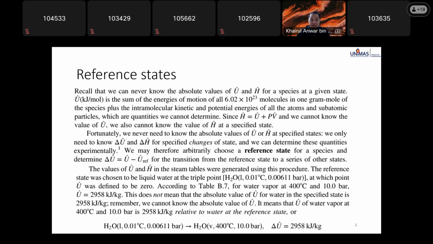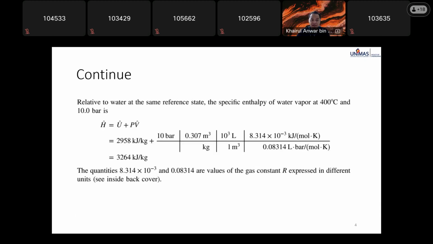So that is the fundamental reason why we need the reference state. Relative to water at the same reference state, the specific enthalpy of water vapor at 400 degrees C and 10 bar is H equal to U plus PV.